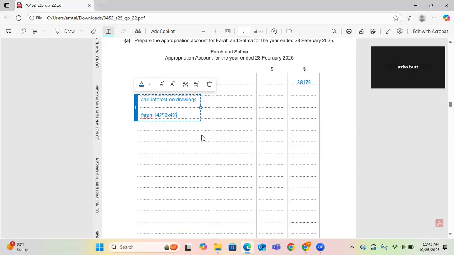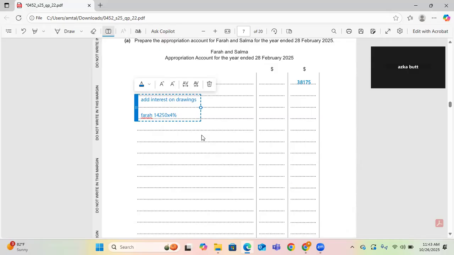Let me just find out the answer. 14,250 multiply 4 divided by 100.